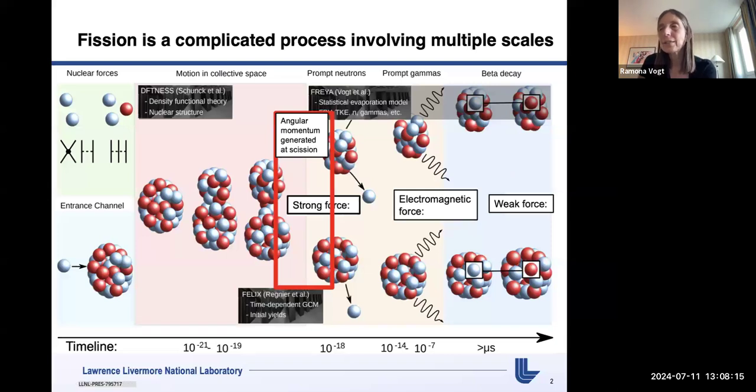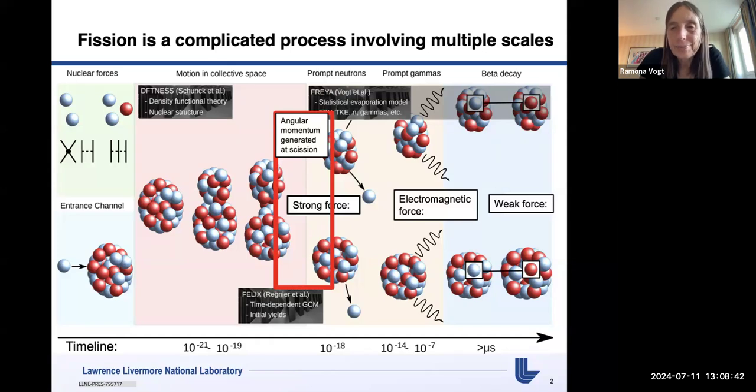And you can have delayed neutron and gamma emission, and you can also, by beta decay, change a neutron into a proton, and so you've changed the nucleus from whatever it started out as to the next element in the periodic table.